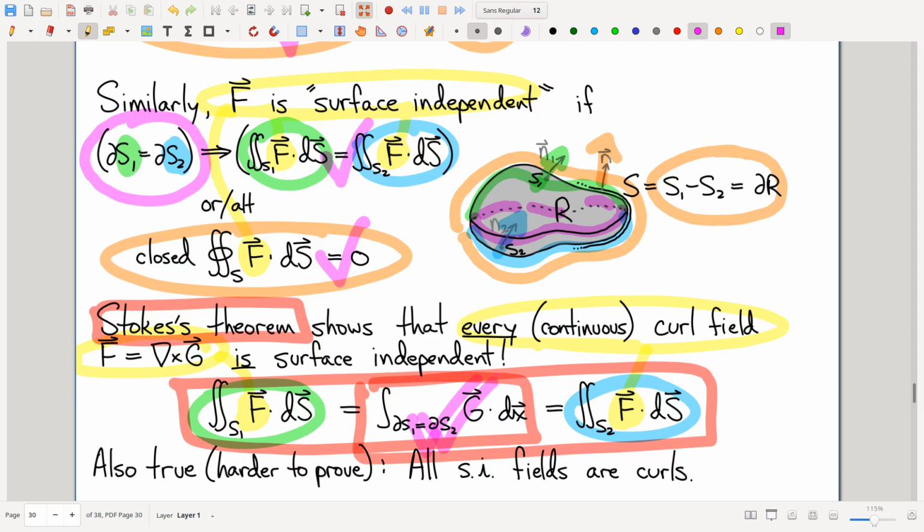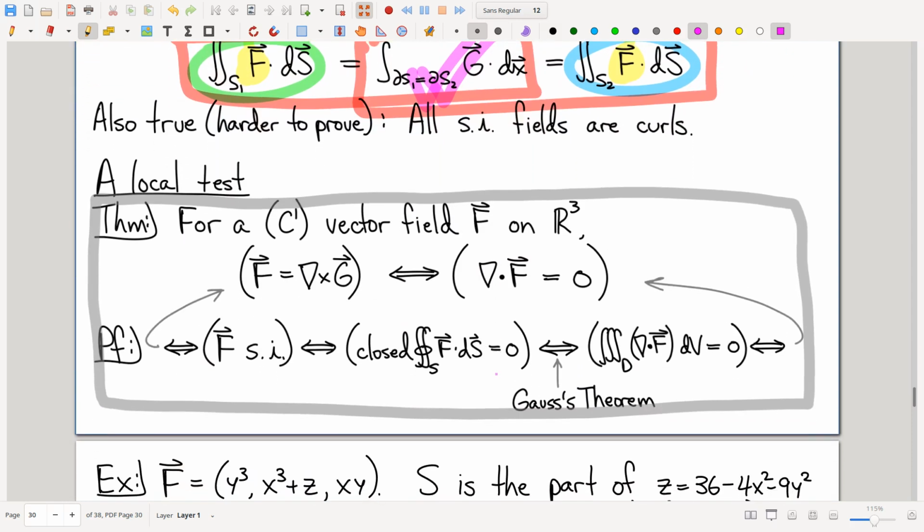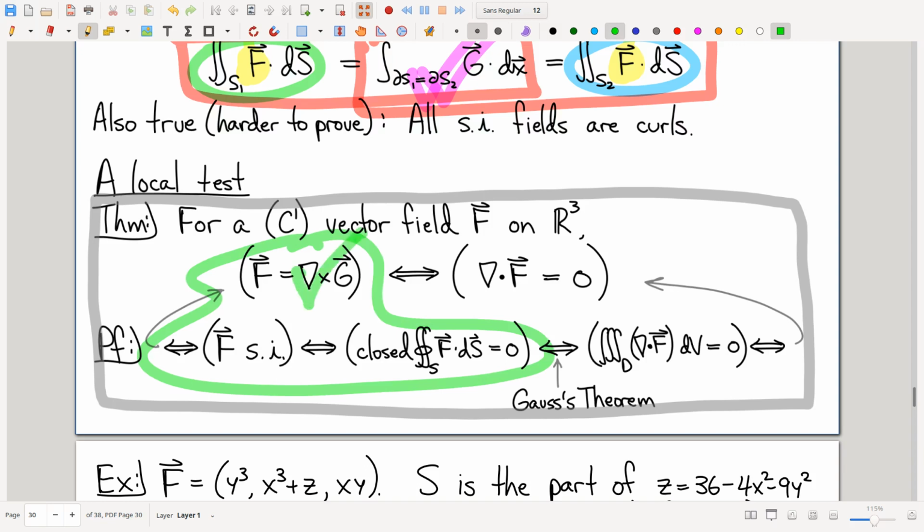Yeah, absolutely. So next question, how can you tell? We know that there are some vector fields, namely curls, that have this wonderful property that they are surface independent, which you can say a couple of different ways. We've already established that. How can you tell if a vector field is a curl?